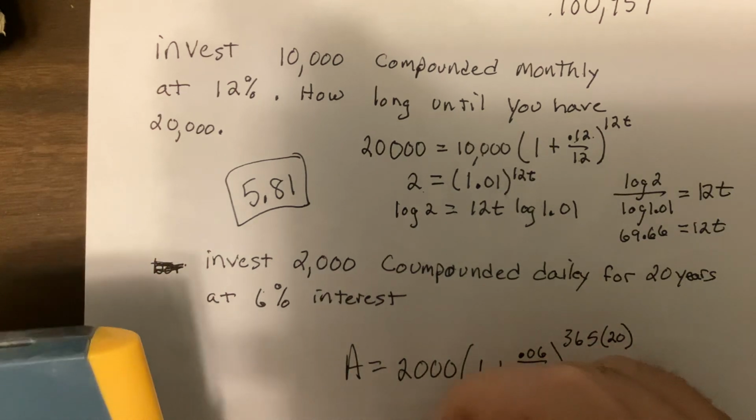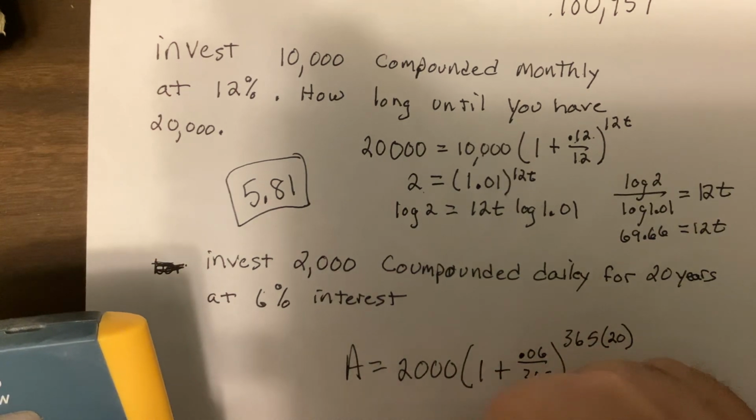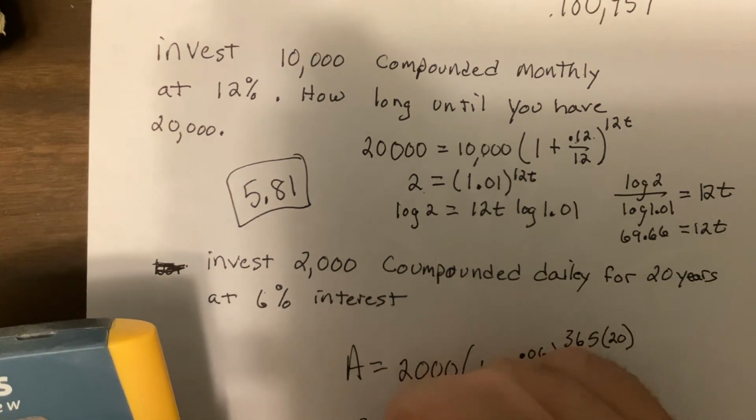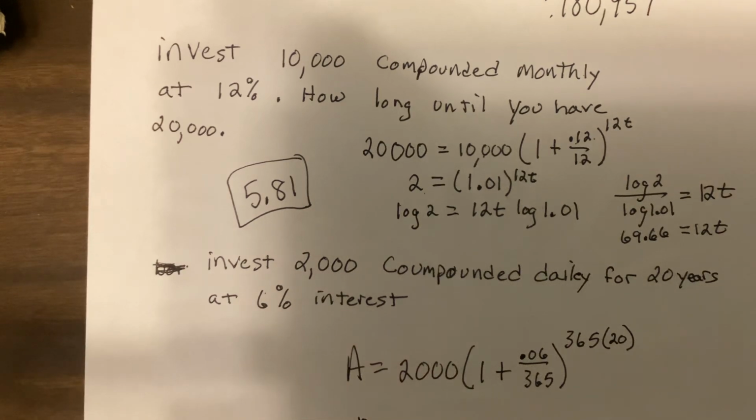And that would be $6,639, and we'll say 58 cents. So you've tripled your money, more than tripled your money. So that's what we're talking about.